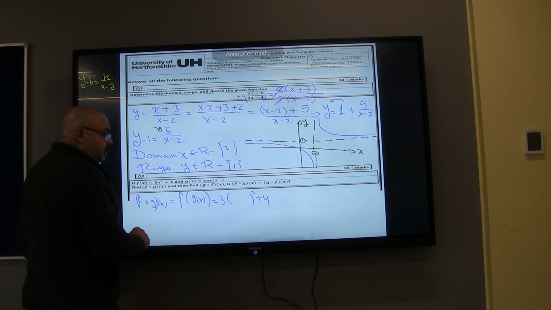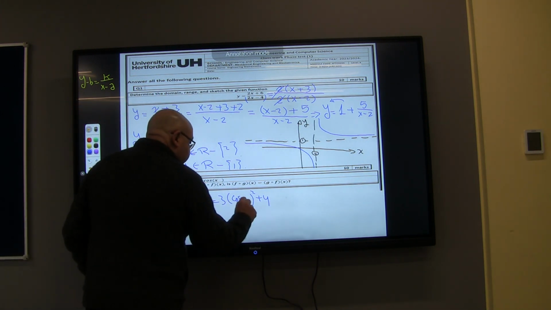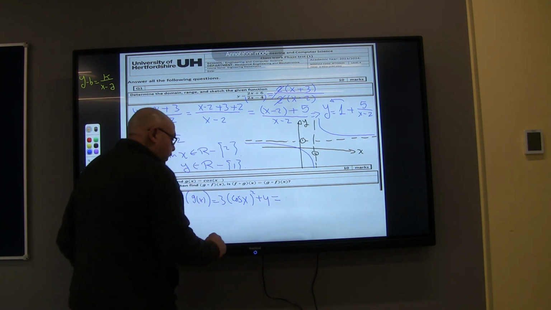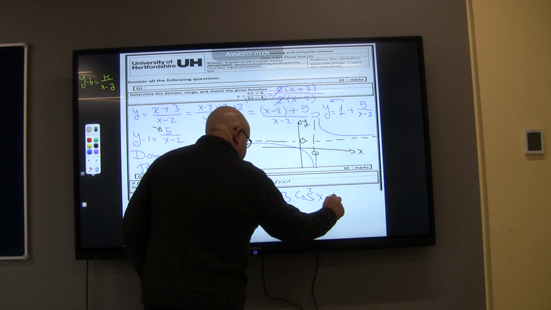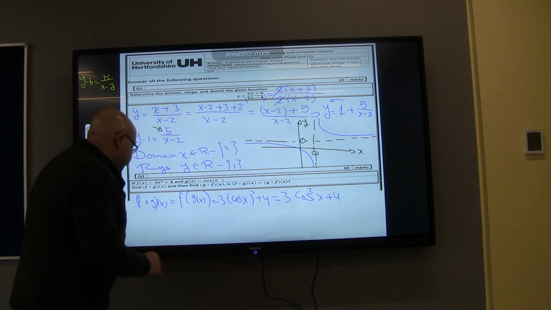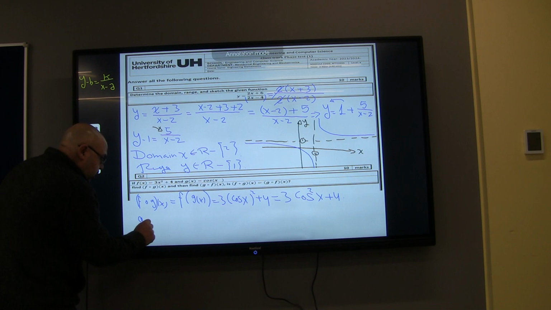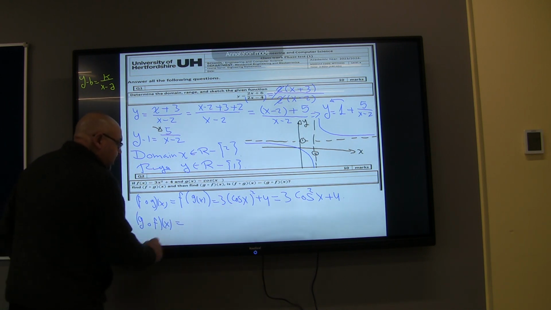Replace every x by g of x, which is simply cosine x, and you will have 3 cosine squared x plus 4.